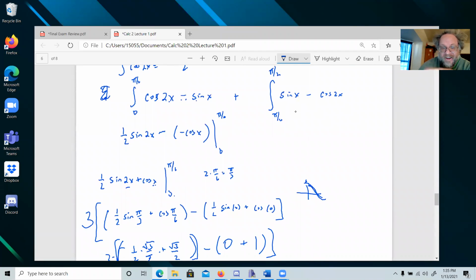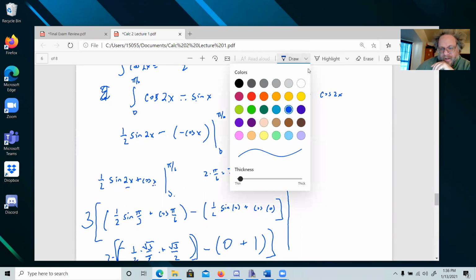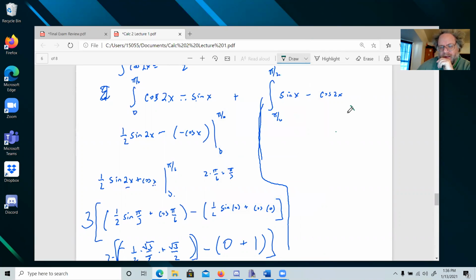Okay, so again, we've got the integral here. Let me go ahead and do something like this. All right, let's get rid of this. I don't need that. And let's go ahead and do region 2. Green, is that better? Yeah, we'll do region 2 in green.